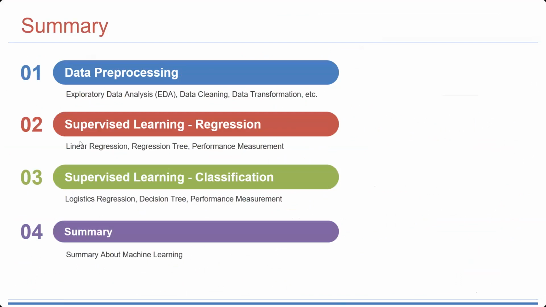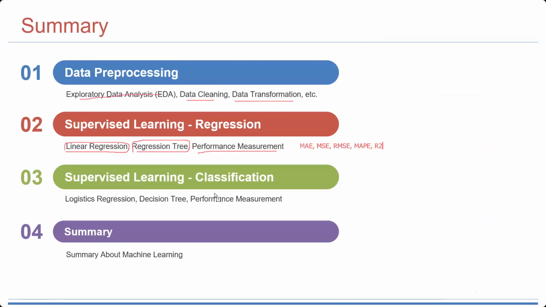Okay, so you already learned many things in this section. You learned about EDA, data cleaning, data transformation, and then linear regression and regression tree, and also the performance measurement. For example, if you still remember the MAE, MSE, RMSE, MAPE, and R-square.